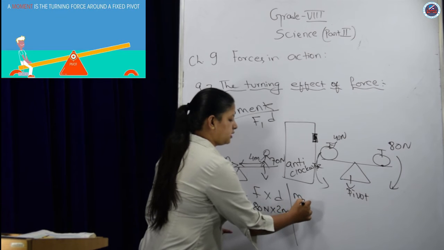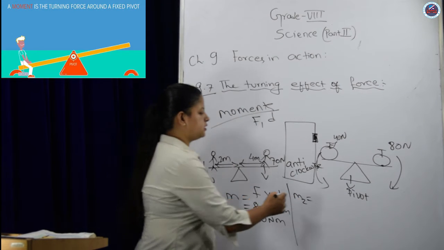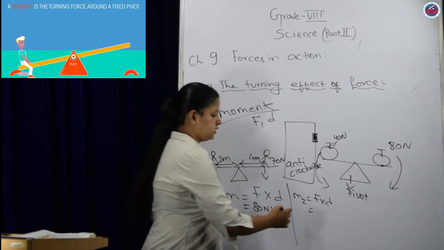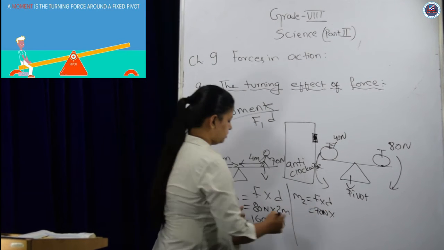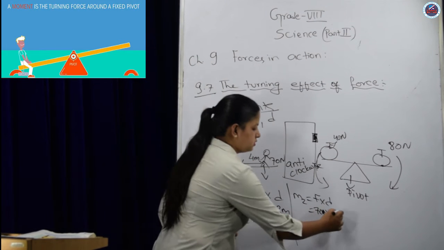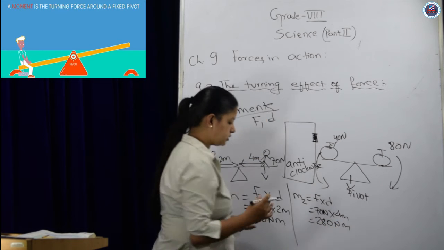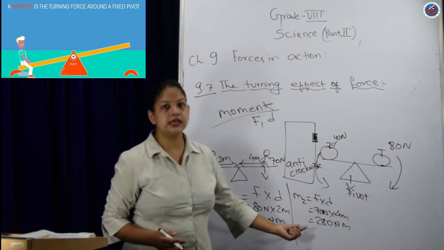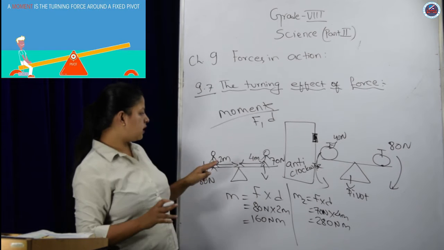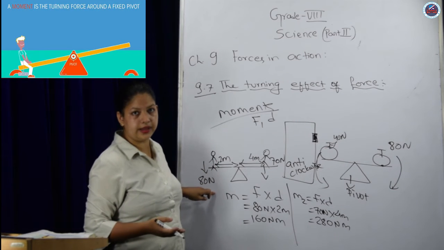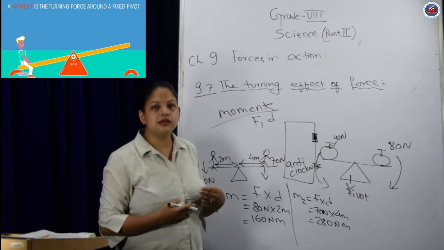Now similarly let us apply it on the other side. Again we have the same thing, moment equals force into distance. We have force here 70 and here 4 meter. 70 into 4, 280 Newton meter. Now see, this value, 160, is lesser than 280. So it not only depends upon how much weight or force is being applied, it even depends on the distance.